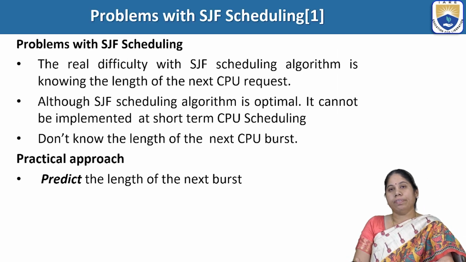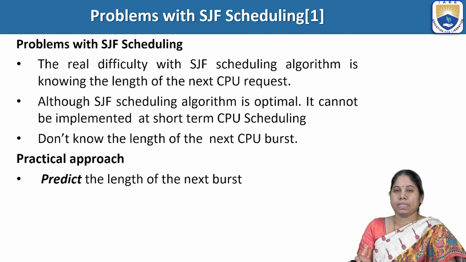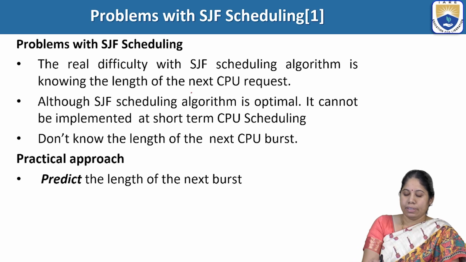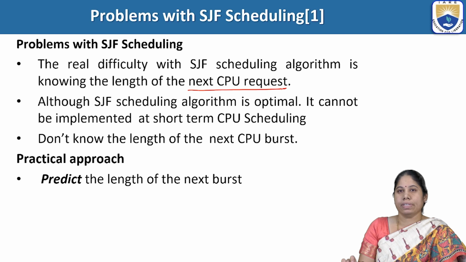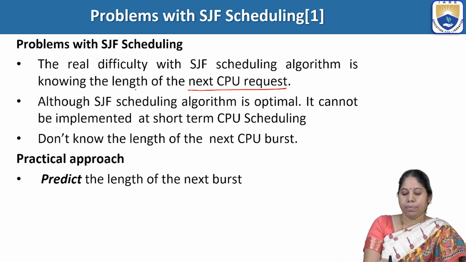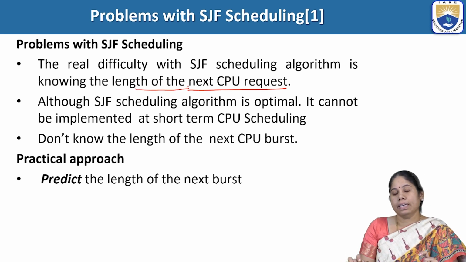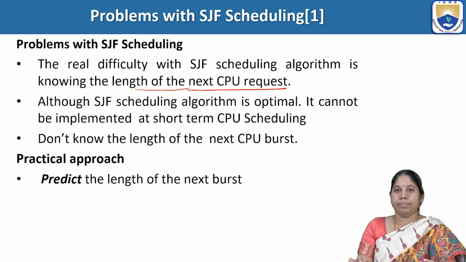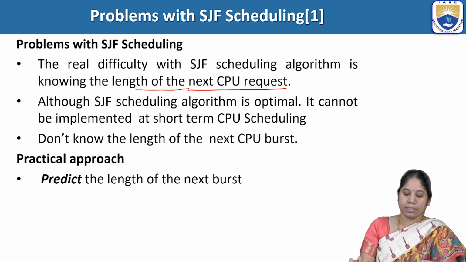Now we will discuss the problems associated with SJF scheduling. The main problem is knowing the length of the next CPU request. Knowing the length of a process's next CPU burst is very difficult, and predicting it is very difficult.